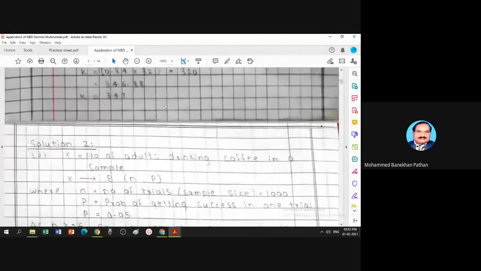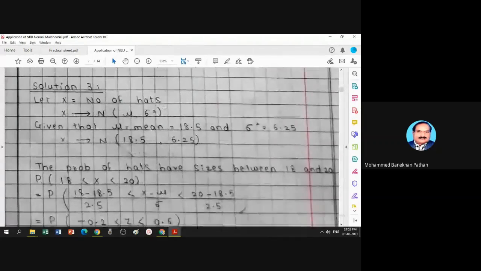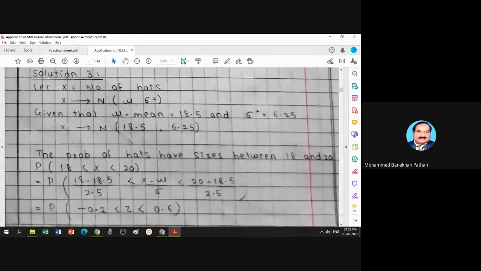Question number 3, you have to begin with a random variable, and that is like this. X equals the size of hats. It is not the number of hats. X is size of hats in centimeter.